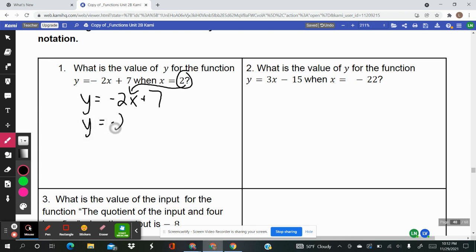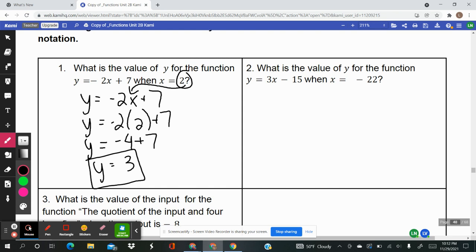So y equals negative 2 times 2 plus 7. So simplifying, y equals negative 4 plus 7. So y equals 3. So what's the value for y? 3.